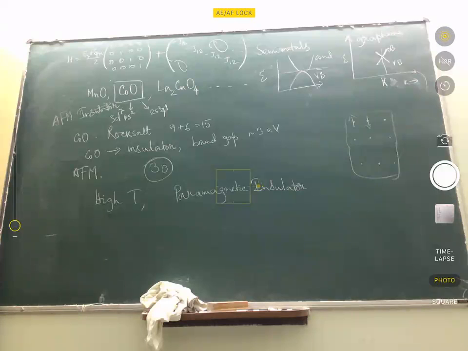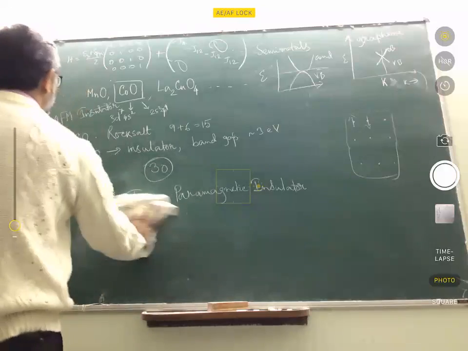Now, to illustrate that, rather than focusing on any particular material, let us go back to our model systems, okay? Suppose we have a tight-binding model in 2D, a tight-binding square lattice.